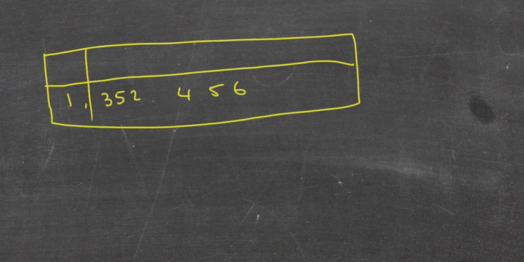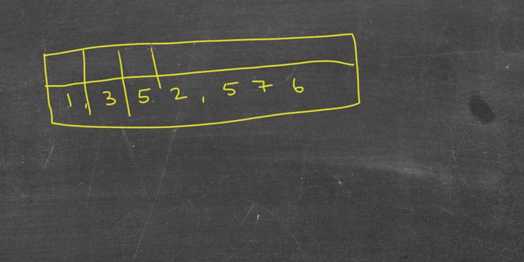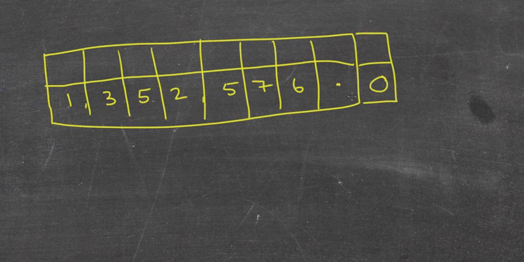I should have really spread that out a little bit, so my apologies. I'm going to look at the value of each of those numbers in terms of place value. Actually, I might put 0.0 there, because I don't want to have anything after that decimal point.